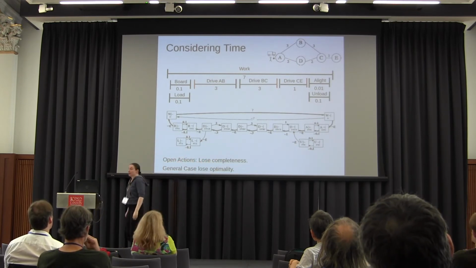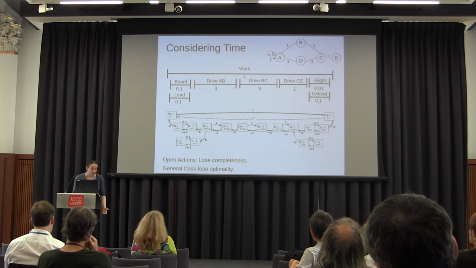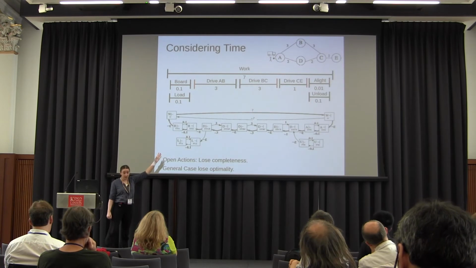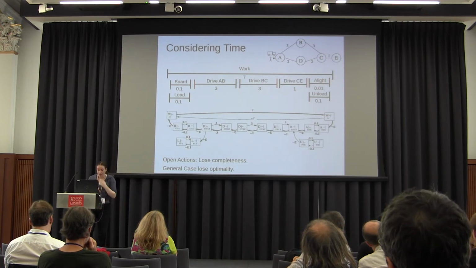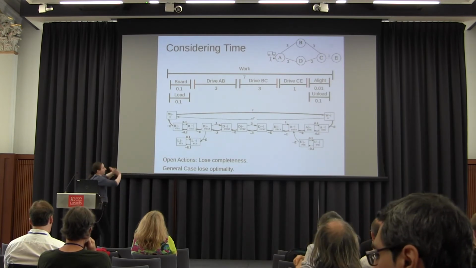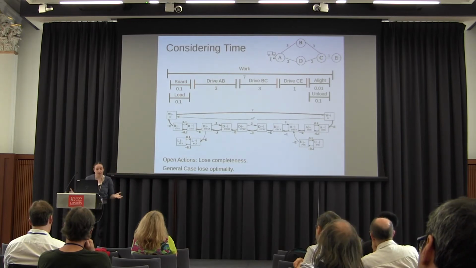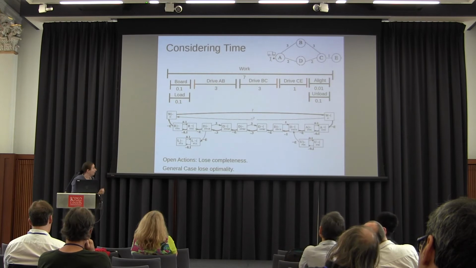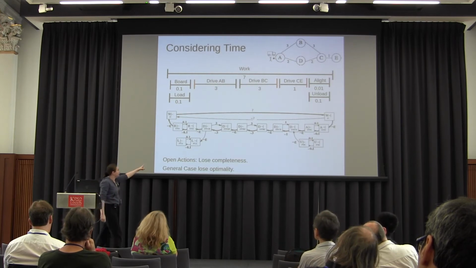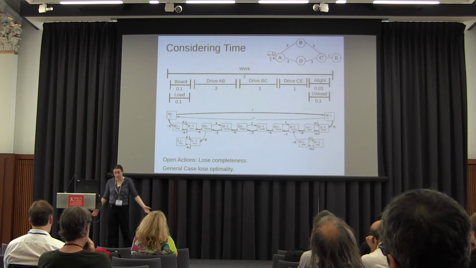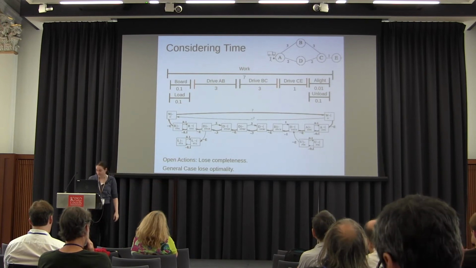So, in the presence of open actions, strict memoization is incomplete. In the general case, supposing we hadn't introduced this work action, we just had the plain drive along, and we still went round that way via B, then we're not incomplete, but we've lost optimality, right? Because we're going to prove the optimal plan if we go via B first.